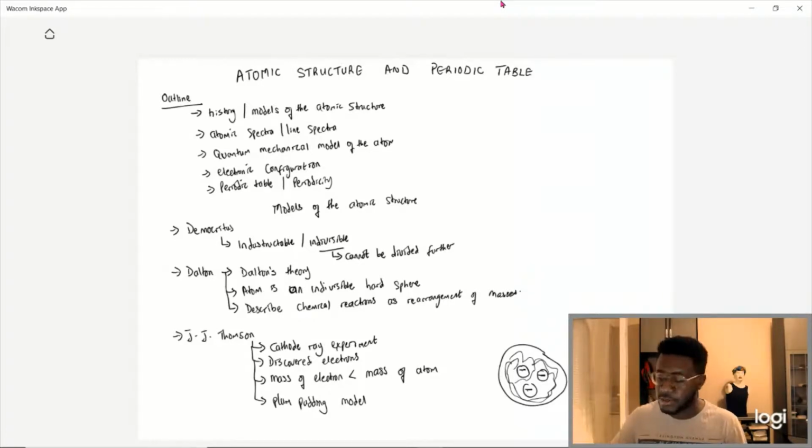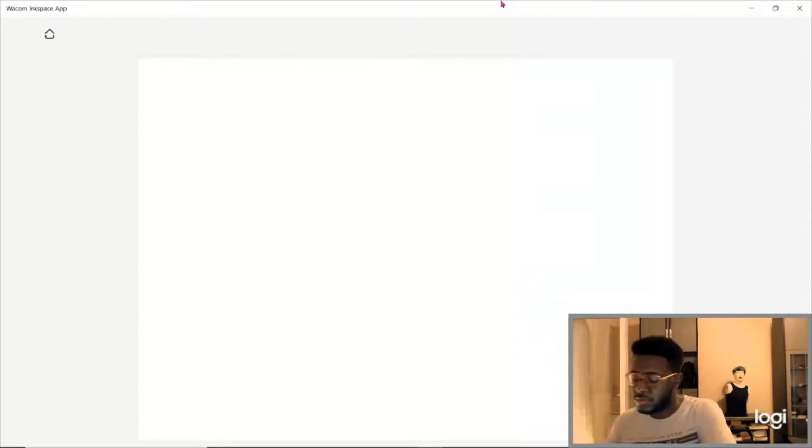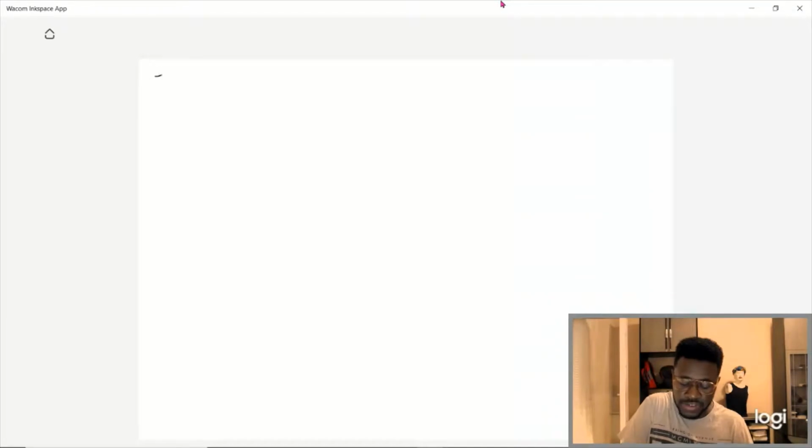The next model was given by Ernest Rutherford. Rutherford also made an experiment. He made the gold foil experiment.